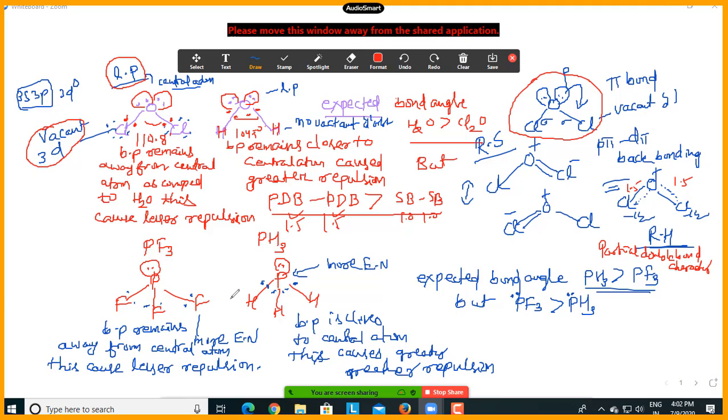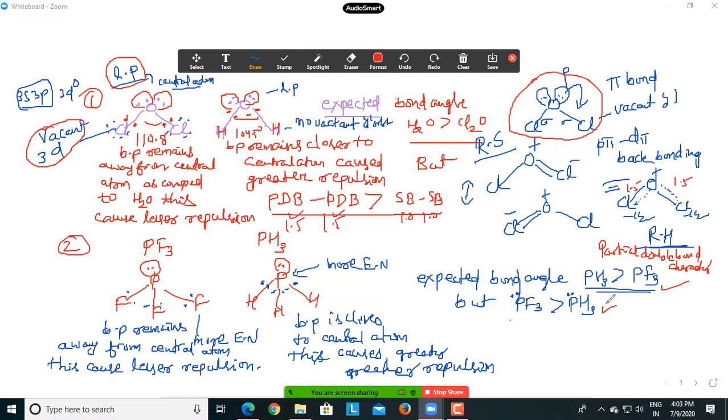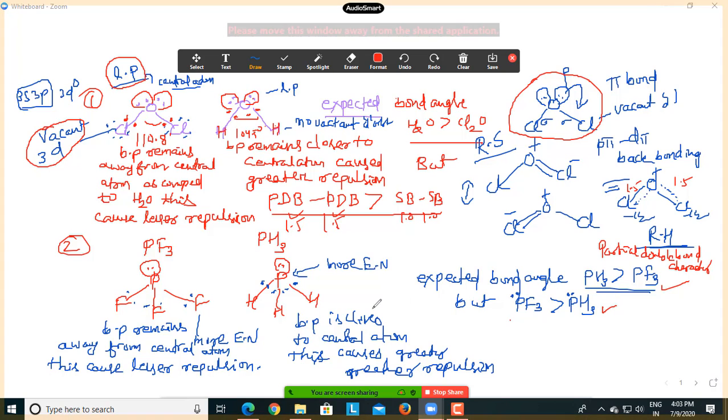In question number 2, it is expected that the bond angle of PH3 should be more than PF3, but actually PF3 is more than PH3. Okay. Now let us see back bonding. Is back bonding possible or not? You see, in fluorine there is no vacant p or d orbital.